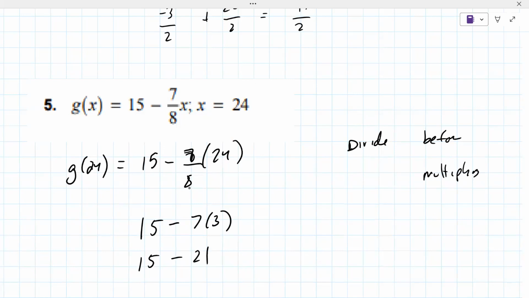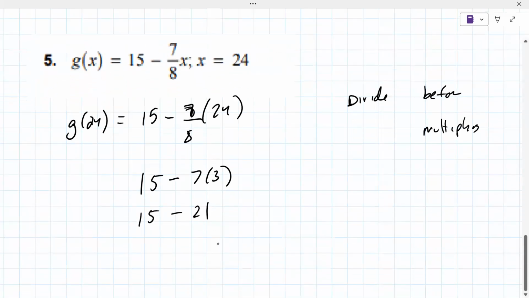If you multiply, which works, you get 168 divided by 8, which is a much bigger number to work with. It's easier to work with numbers if you divide before multiplying. If you could do that, you will save yourself time and frustration because the numbers are more manageable.